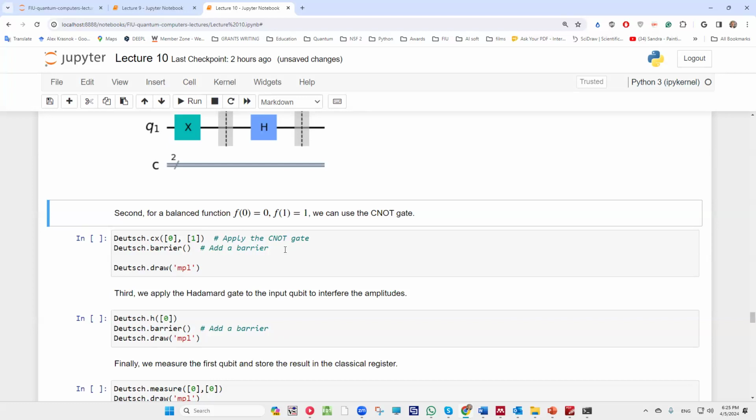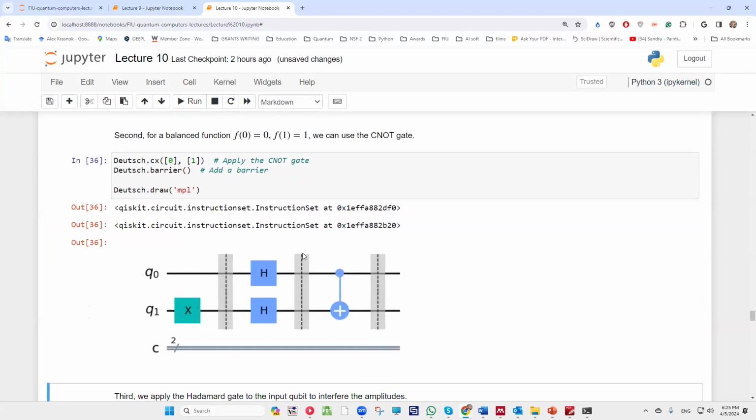Then we need to design the oracle. In this case, the oracle is simple. It's either a constant or balanced function. So if the function is balanced, we apply this control X gate. Otherwise there is nothing there.